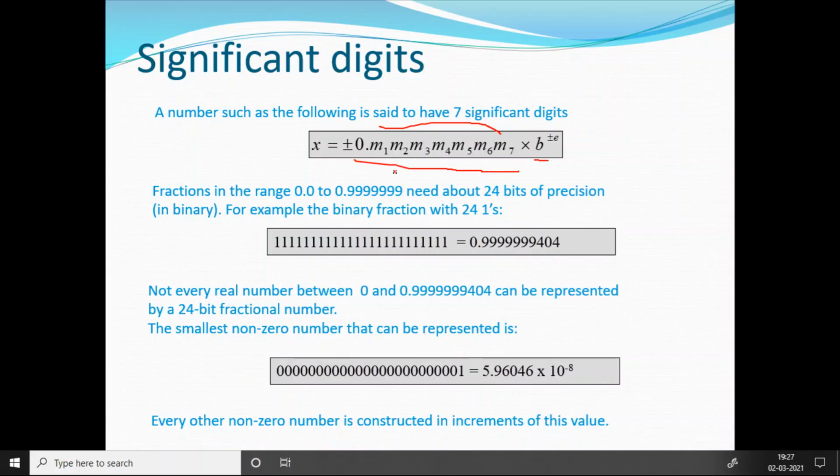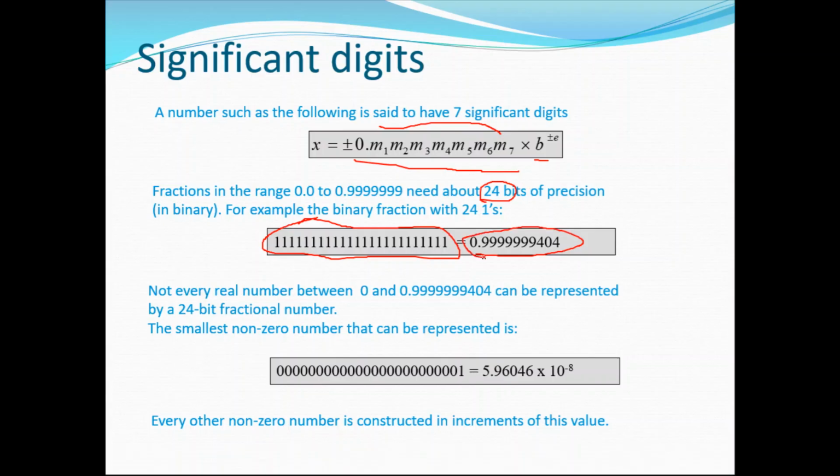If you have 24 bits to represent the mantissa, then all 24 ones will be approximately equal to this much value, right? This is nothing but what we have discussed previously.